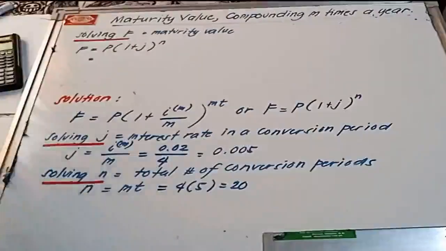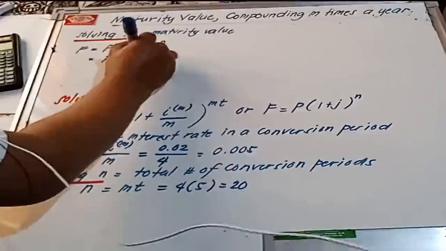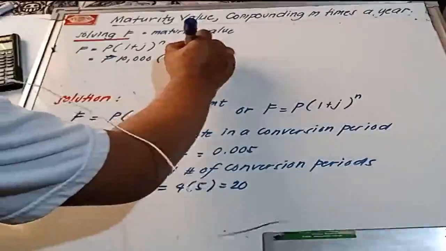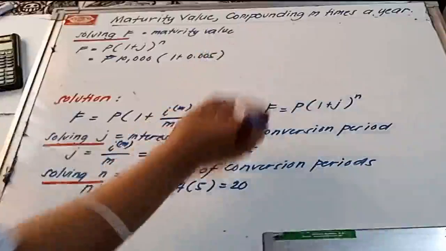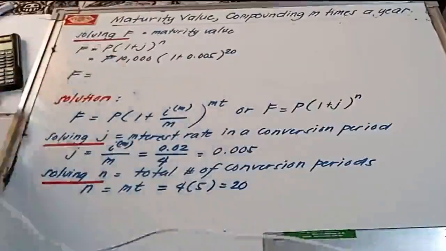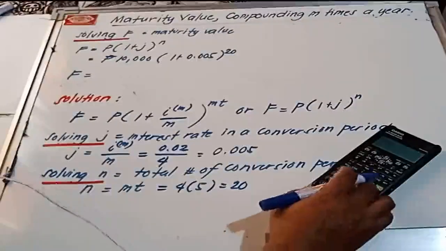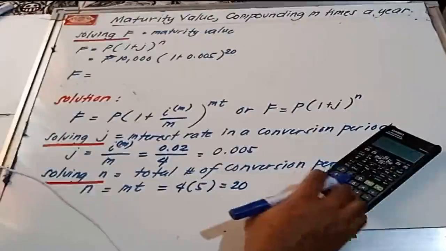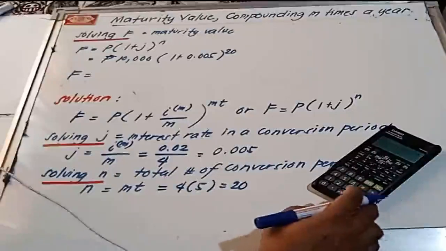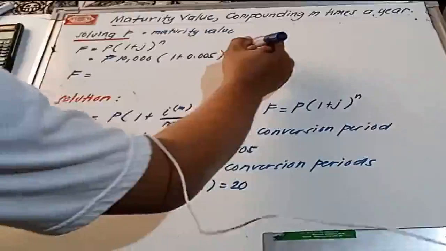Ang P natin from the problem is 10,000 pesos. Yung kanyang present value, 1 plus j. j is 0.005 and n is 20. Therefore, the future value of money is, press 10,000 times quantity, 1 plus 0.005, close parenthesis, raised to 20, and then press equal sign. We have 11,048 pesos, 0.96.